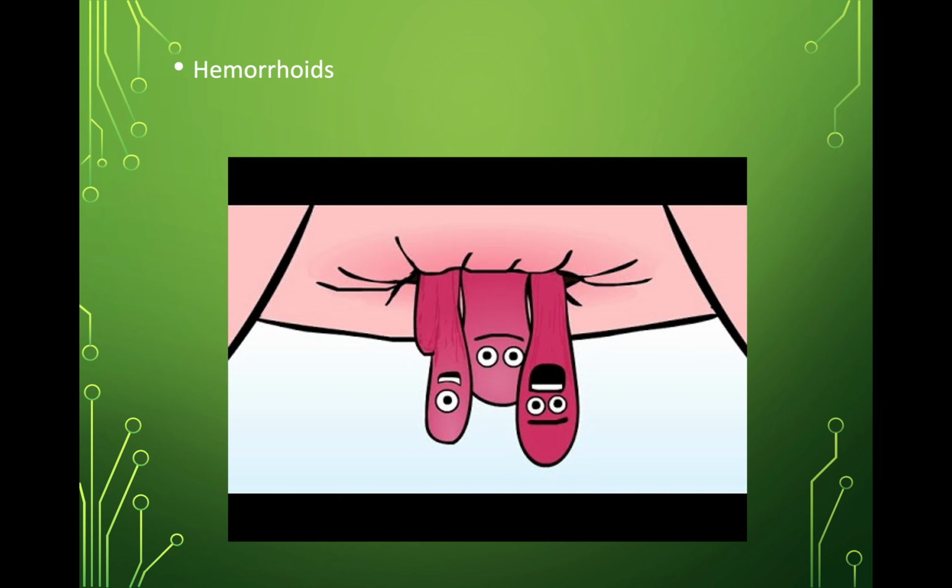Surgery is really seldom required unless there's thrombosis of the hemorrhoid, and basically what that means is the hemorrhoid has sort of been pinched off and it's not been allowed to get good blood flow, and whatever blood is in that swollen dilated vessel kind of becomes coagulated and clotted, and so it can be incredibly painful.